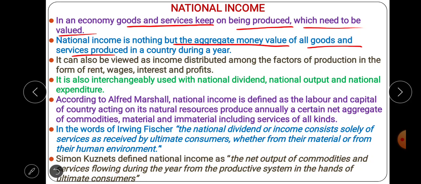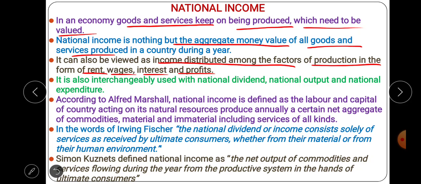It can also be viewed as income distributed among the factors of production in the form of rent, wages, interest, and profits. Here we can measure national income with the help of income distributed among the factors of production: rent for the land, wages for the laborers, interest for the use of capital, and profits for the organizations.